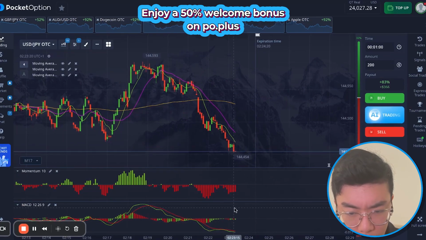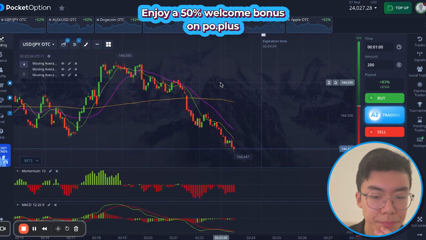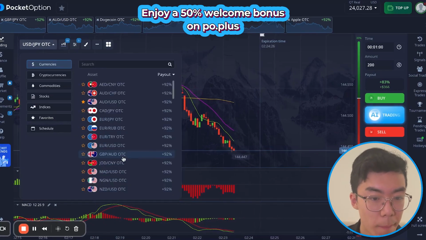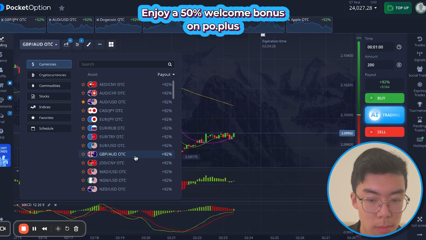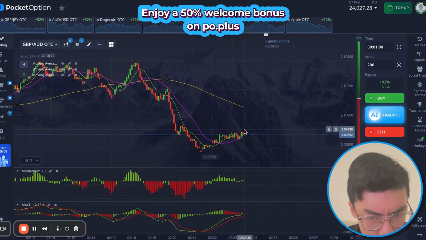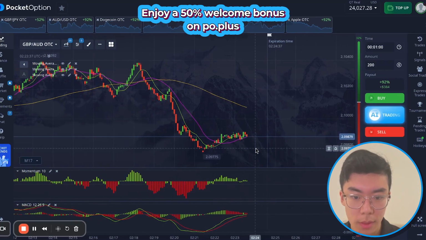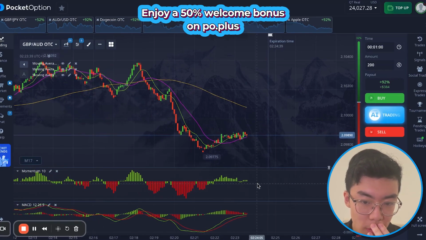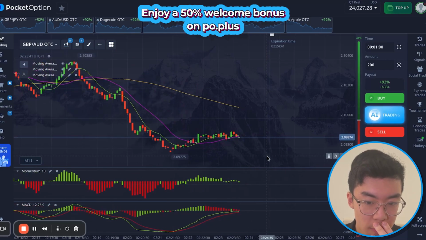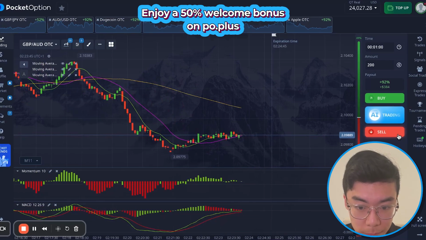Crossover upwards potentially happening very soon. Or not. A downwards crossover here would be very nice, I think. Let's see. The momentum is still green though, so not sure if it will do a crossover downwards, but if it does, we can do a sell.